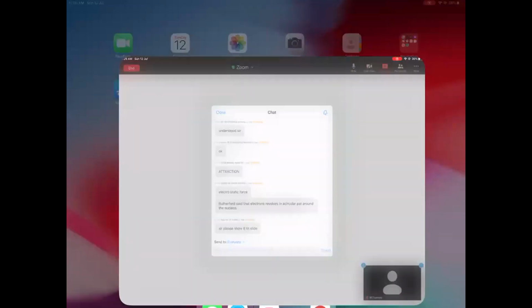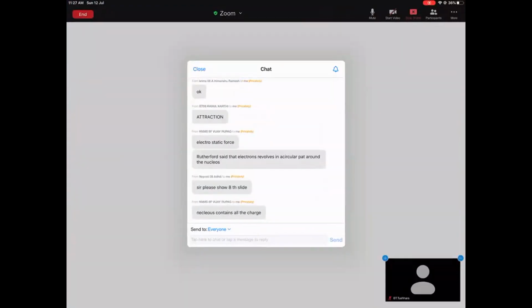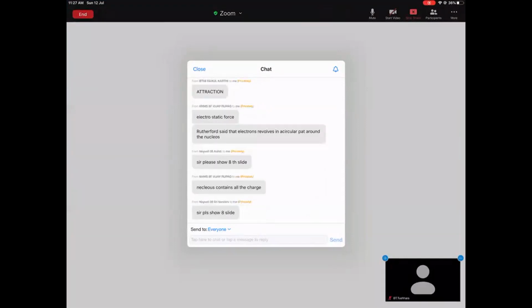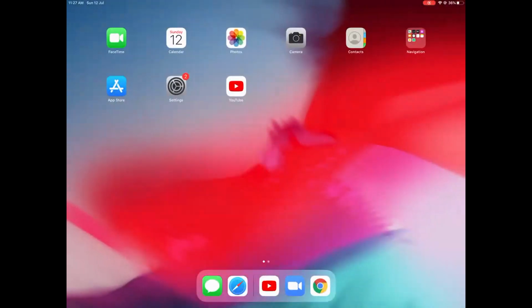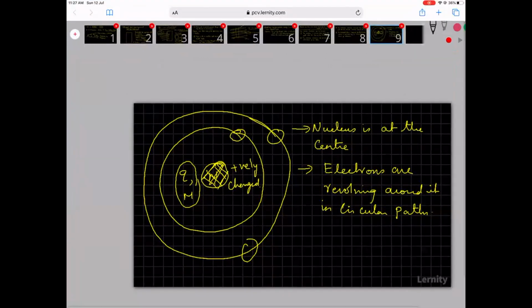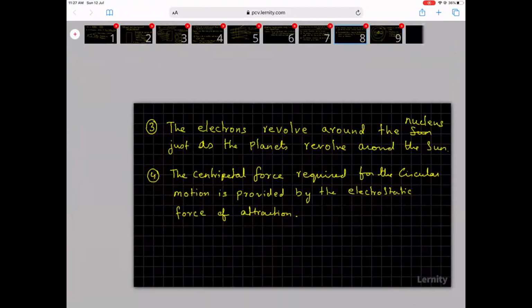I hope this is understood. Yes, Rutherford said the electrons revolve in a circular path around the nucleus. The nucleus contains all the charge. Here is slide 8.